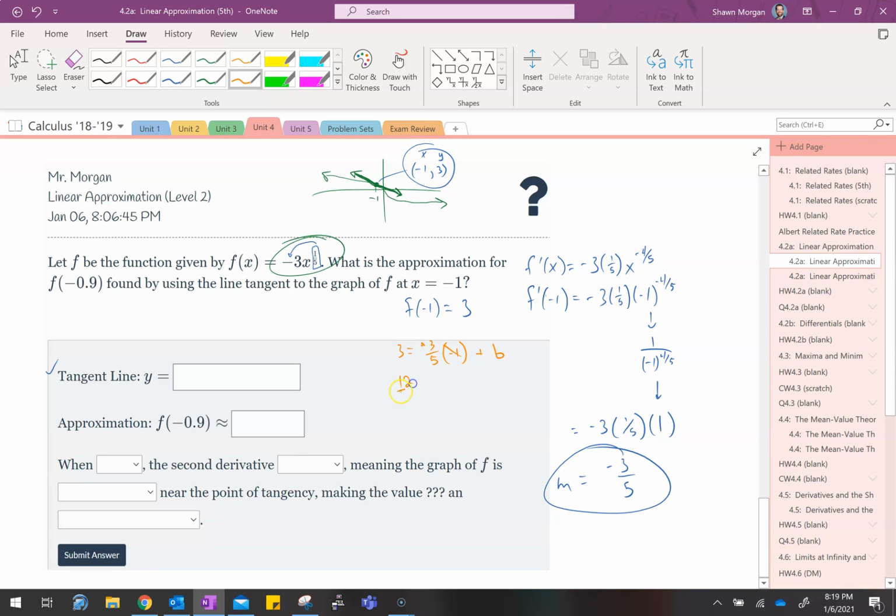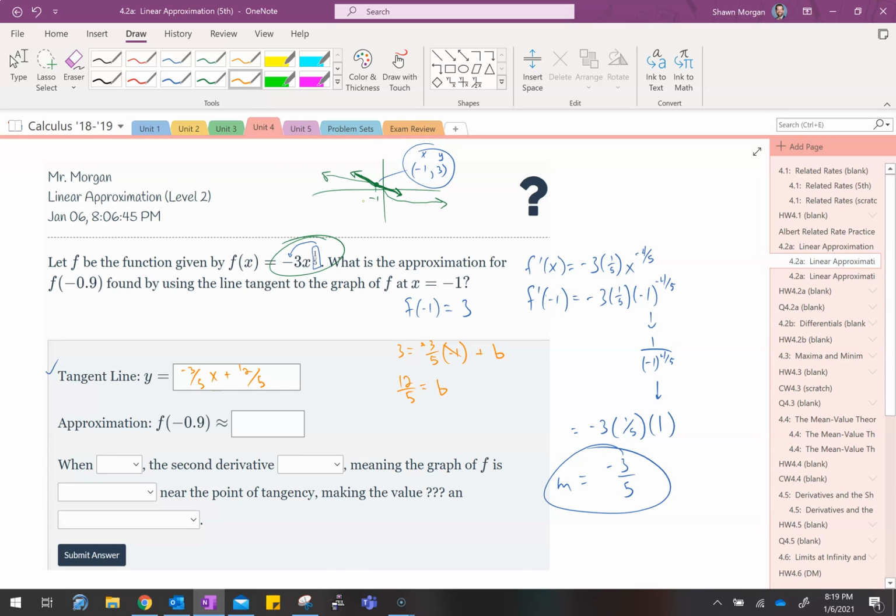So that's going to be 12/5. Should be my b value. So y is going to equal negative 3/5 x plus 12/5. Now that matches up nicely, by the way, with my green line that I've kind of sketched out up here. It's got a negative slope, it's got a positive y-intercept, so I'm pretty happy with that graph.